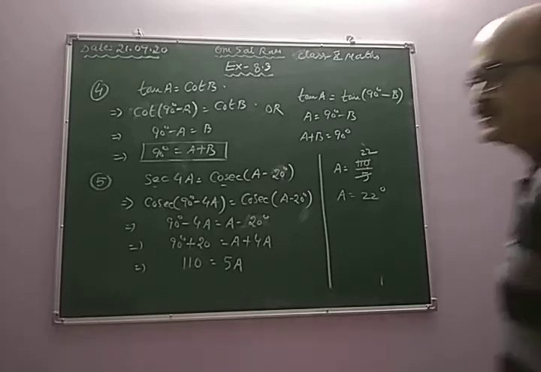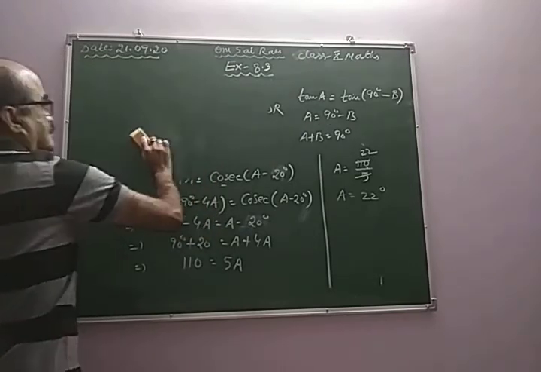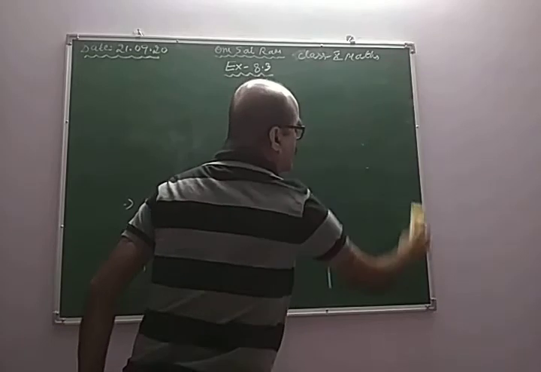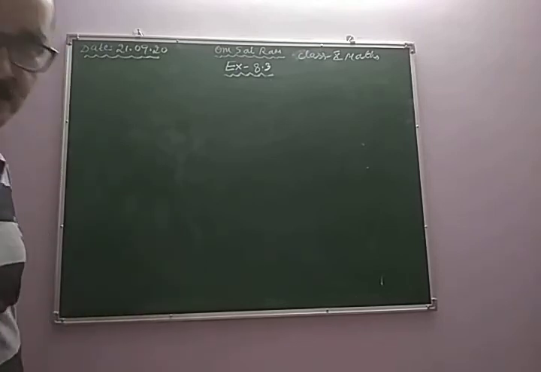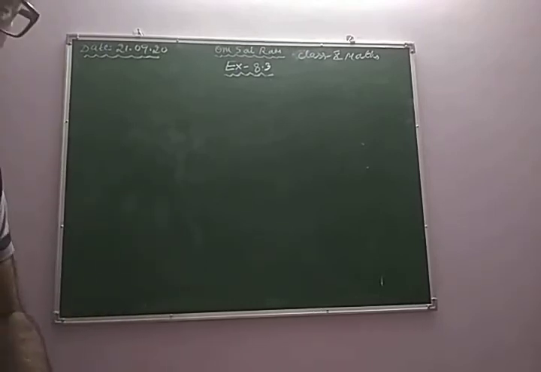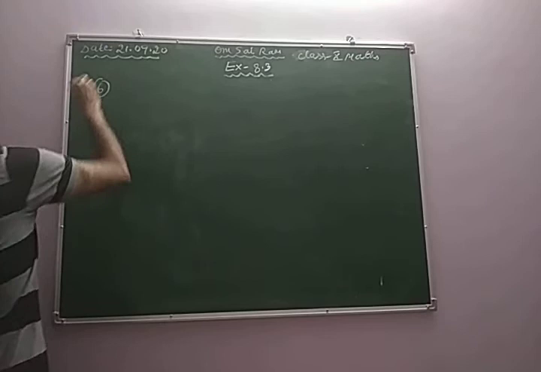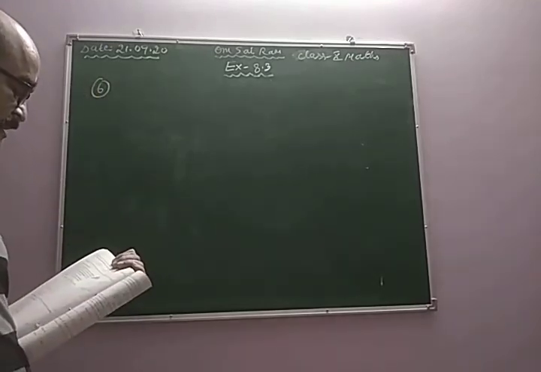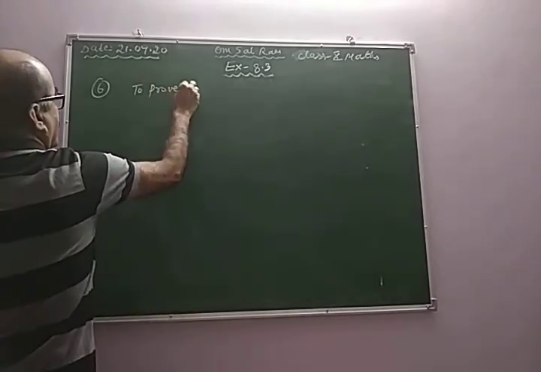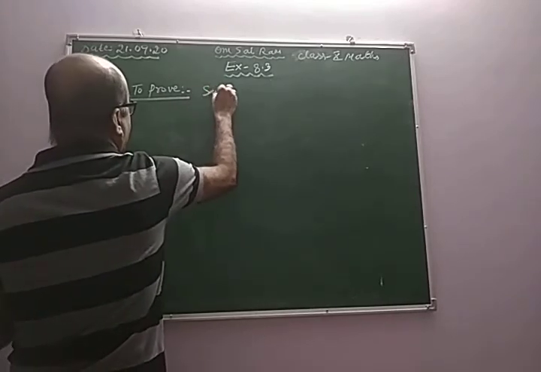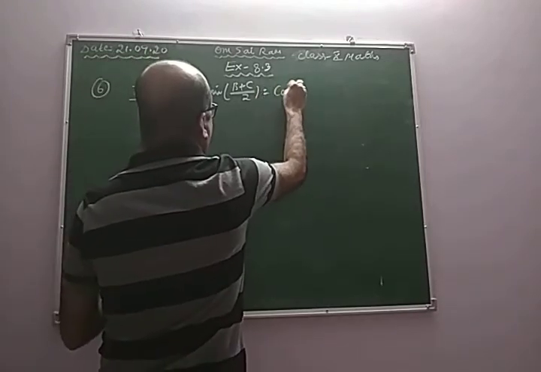Now the next question, question number 6, that is: ABC are interior angles of triangle ABC. Then we have to prove that sine of (B plus C) by 2 is equal to cos A by 2.